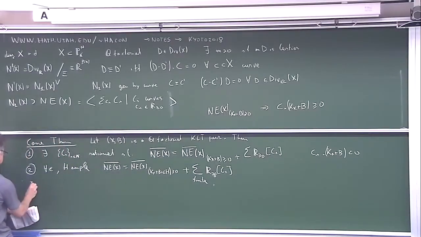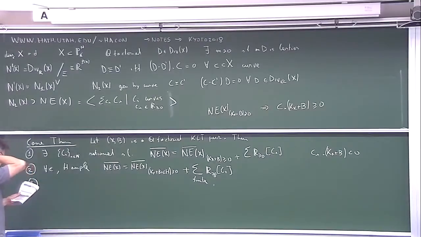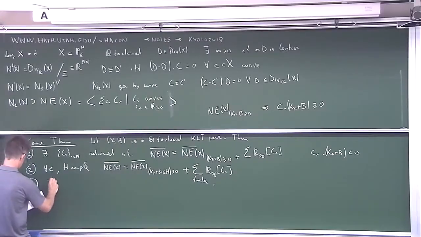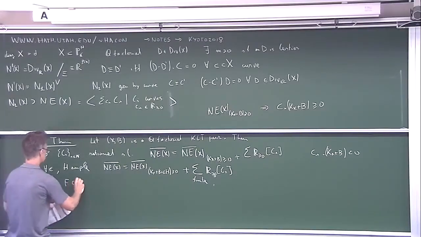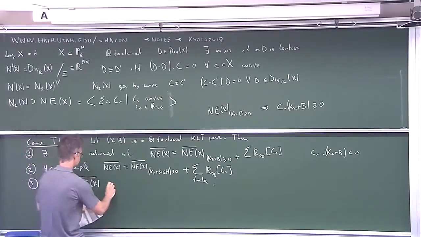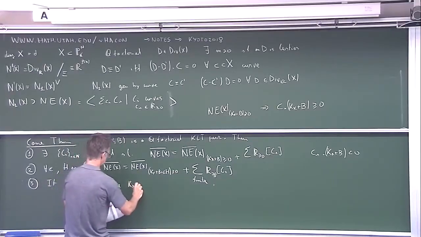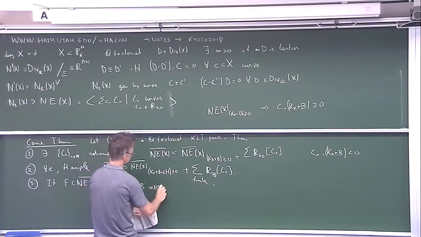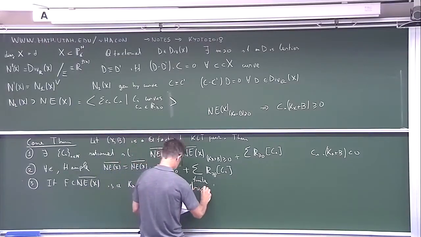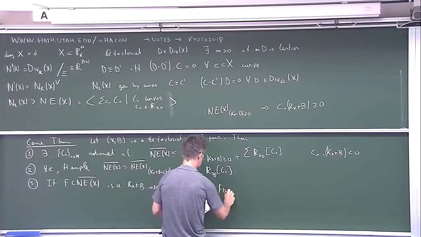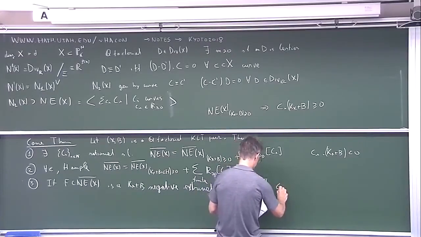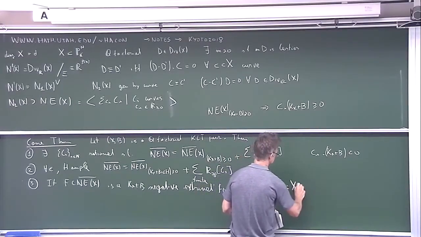Now, the next statement is something very useful about the negative faces. Suppose F contained in NE bar of x, this closed cone, is a kx plus b negative extremal face. I'll discuss in a second what this really means. Then there exists a contraction morphism, let's call it c_F from x to w.